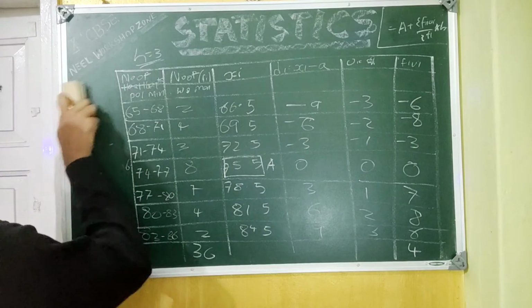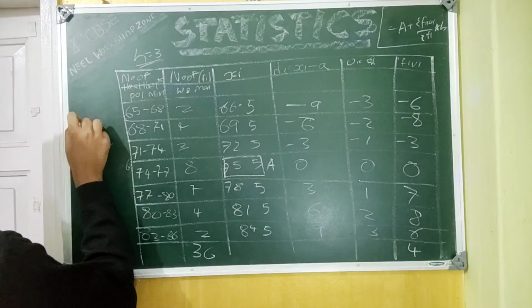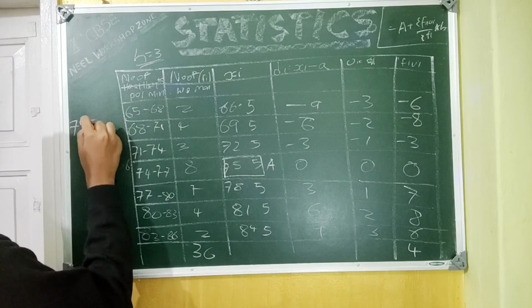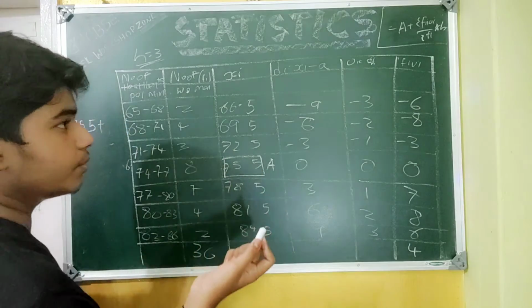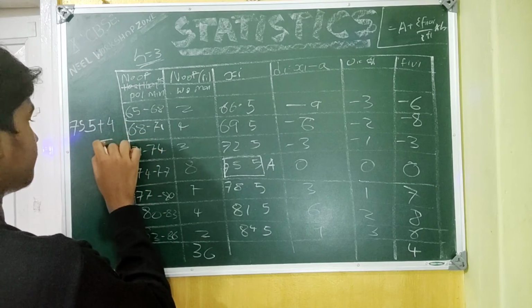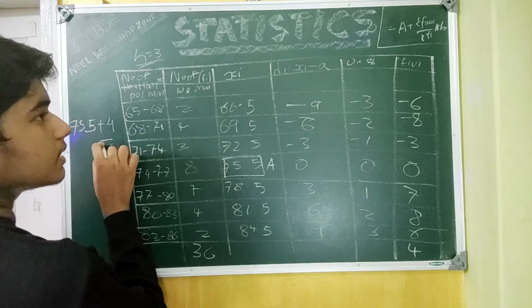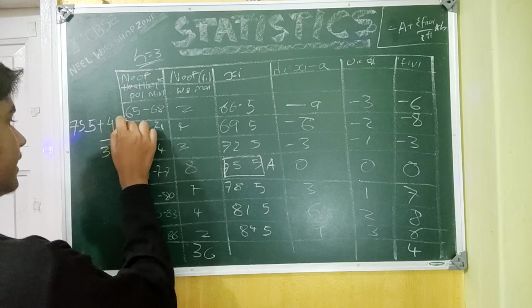Now let's finally use the formula. A, which stands for 75.5, plus sigma fiui, which is 4, by sigma fi, which is 30, into h, which is 3.